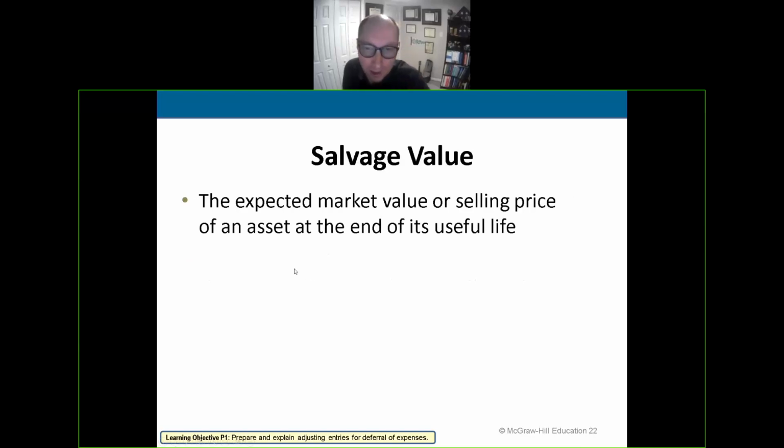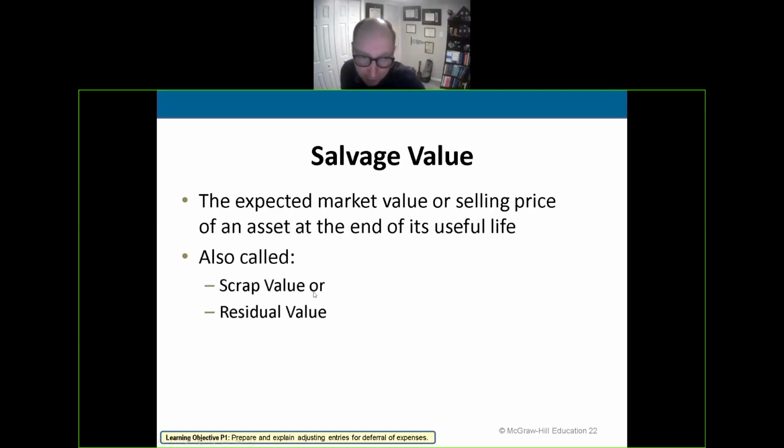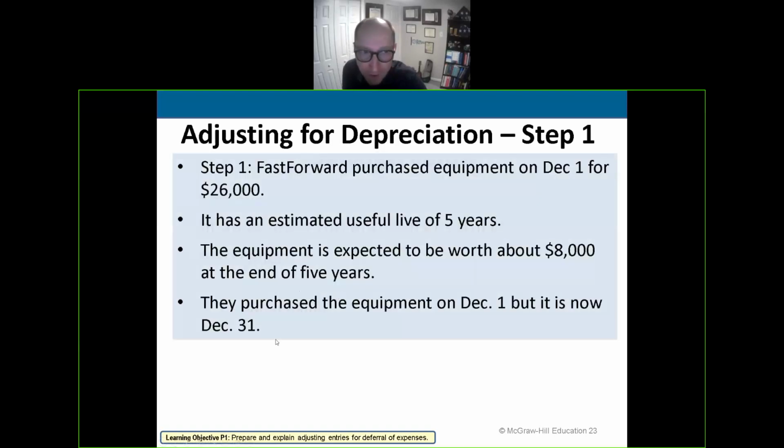Salvage value, as I had mentioned, is what it's worth at the end of its useful life. Also called scrap value or residual value. So let's look at an example for straight line depreciation. We purchase a piece of machinery for $26,000, with a useful life of 5 years.